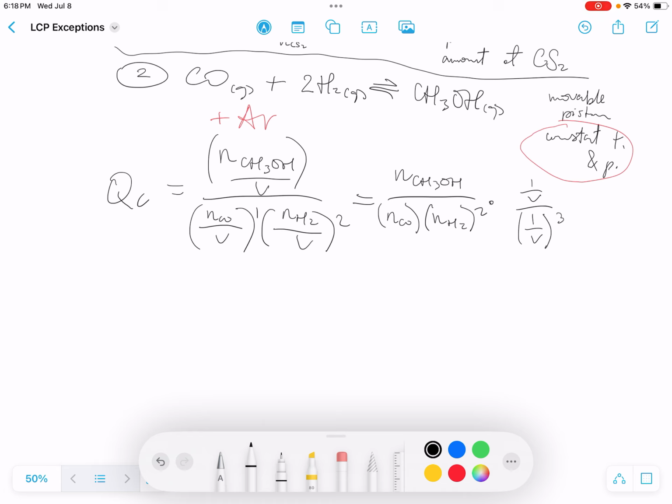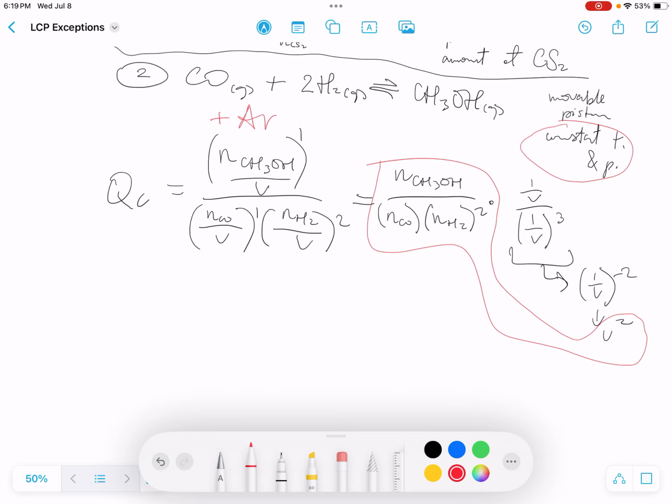I'm just adding these exponents here, the invisible ones, and this term is equal to 1 over V to the negative 2, which is actually equal to V squared. Now, it's just a coincidence here that we end up with V squared. That's not always going to happen, but it just happened to happen.